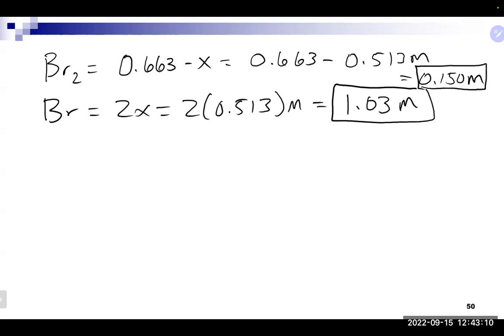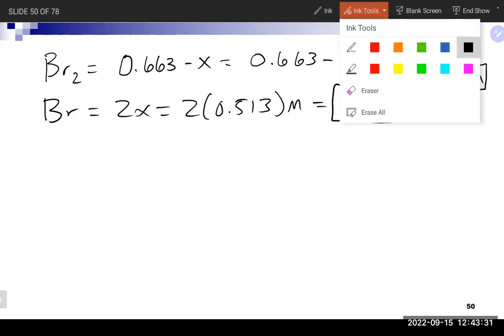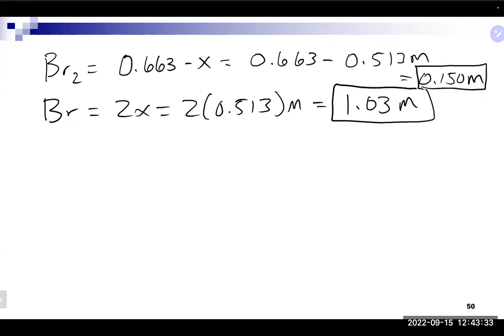Any questions on that one there? Now, it is math, right? So math's good for a couple things. One thing math is good at is you oftentimes can check to see if perhaps your answer makes sense. If I wanted to check to see if my answer made sense, what could I do?